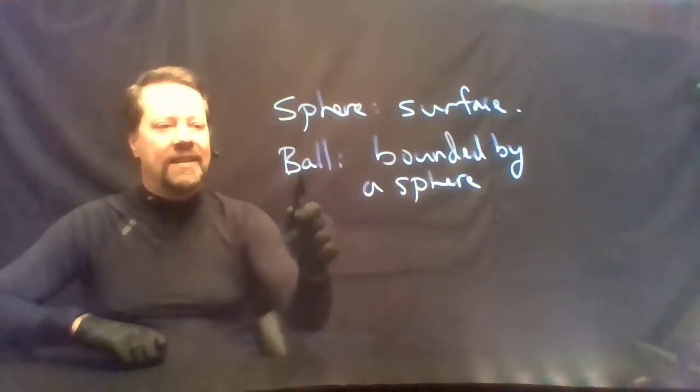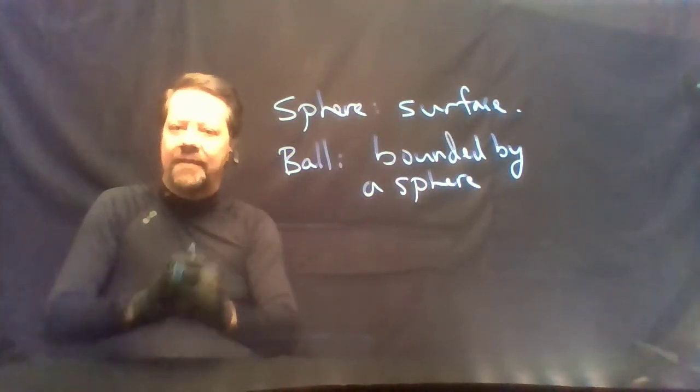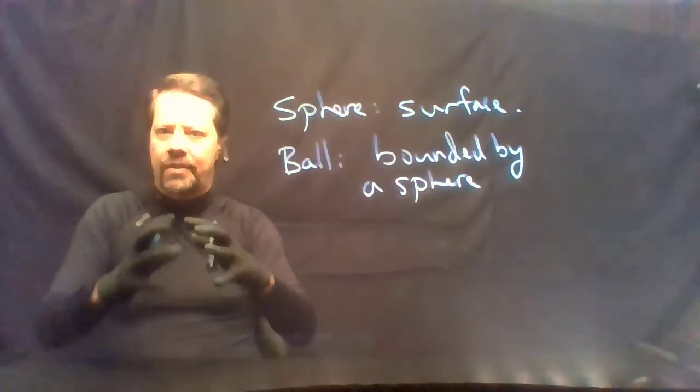So a ball contains the inside of a sphere, whereas the sphere is just the surface itself. So from now on, you'll know basketball is not really a ball, it's a sphere, whereas a baseball is a ball.